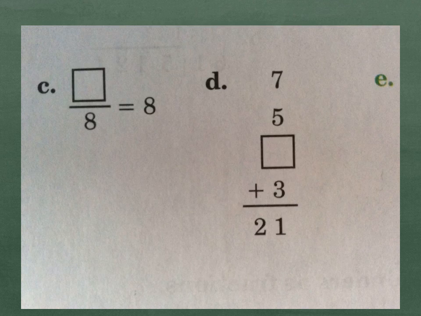C's a tricky one. What over 8 equals 8? Well, we know that 8 over 8 would equal 1. When you double that, 16 over 8 would equal 2. 24 over 8 would equal 3. 32 over 8 would equal 4.